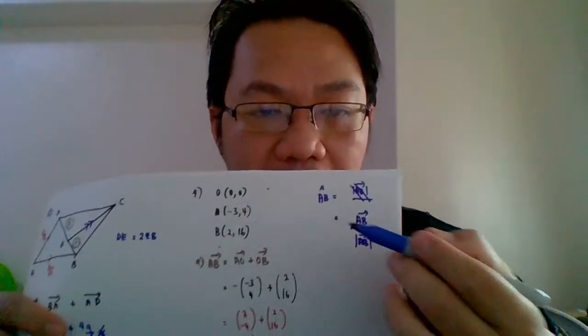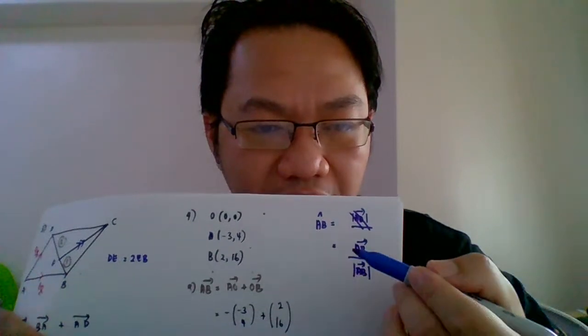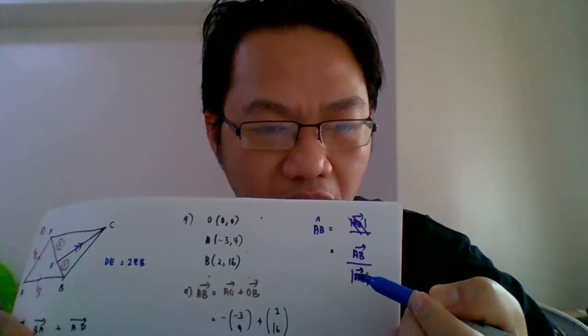I wrote down the formula for your information. So AB vector unit equals vector AB over by magnitude of AB. So what will happen?